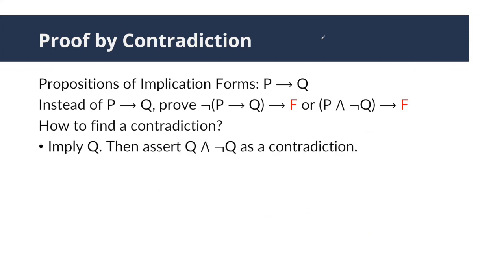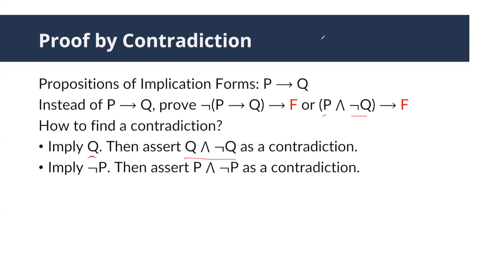The first way is if you can imply Q from P and not Q, then of course Q and not Q is a contradiction. Second, which is similar, if you can imply not P is true, then since in your premise you already have P is true, P and not P is also a contradiction.